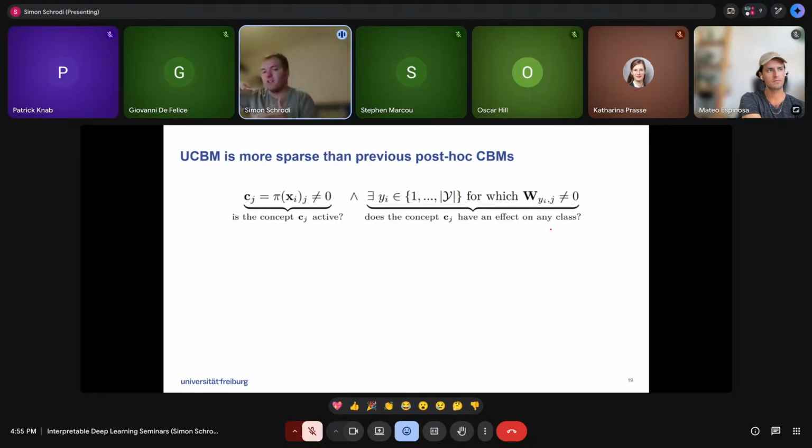Because remember, classification is a discriminative task, so only looking at the predicted class is actually a bit insufficient, I think. Theoretically, you should look at every class to understand why this one was picked, because maybe there are weird things going on, and it explains better how the prediction works.